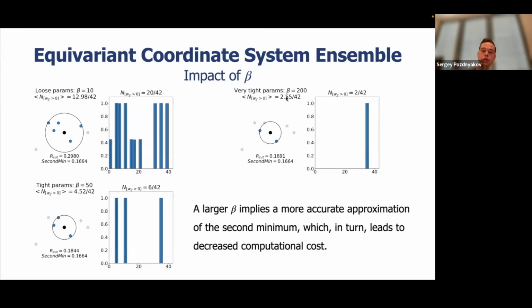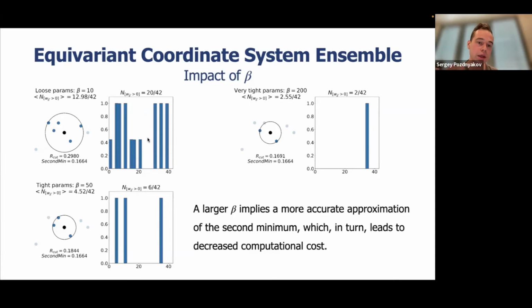And finally, for the largest value of beta, our cutoff radius is really, really close to the real value of the second minimum. Thus, there are only two neighbors inside the cutoff radius. And for the current moment of time, our symmetrization method uses only two coordinate systems.